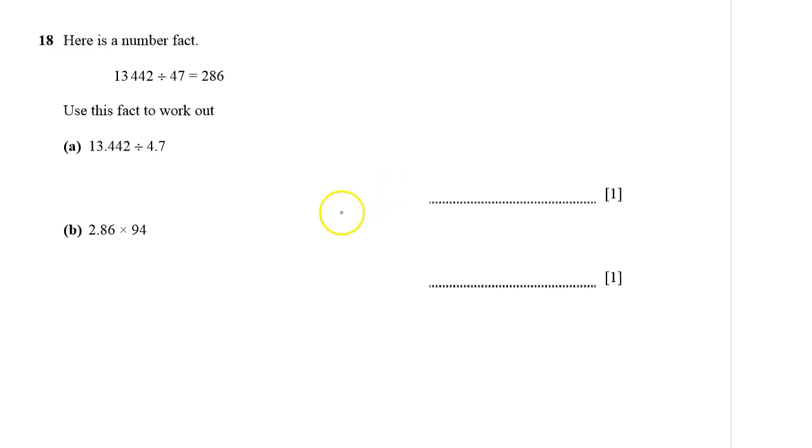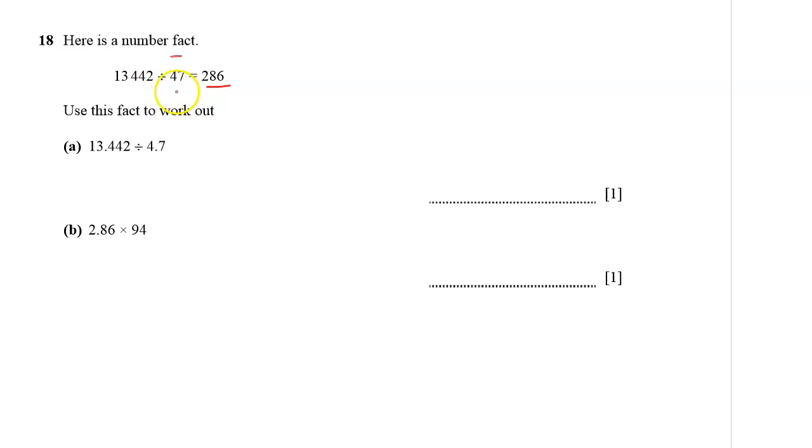Question 18. Here is a number fact. This number divided by 47 gives you 286. Use this fact to work out this number divided by 4.7.